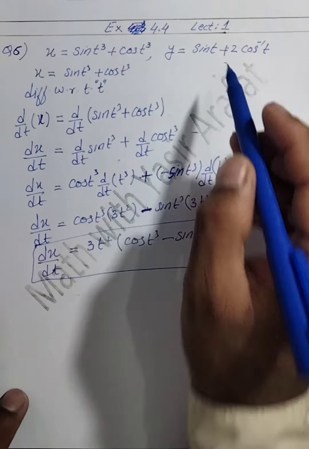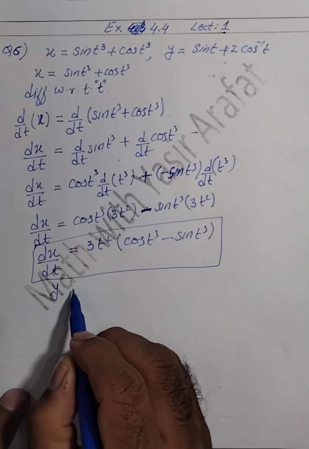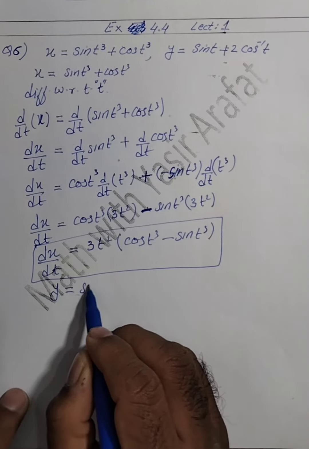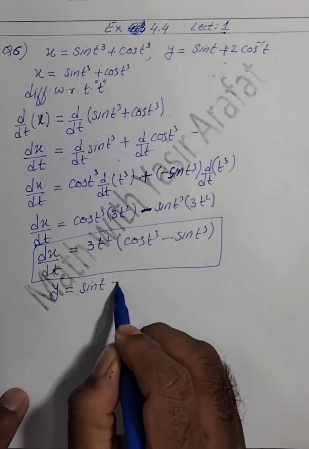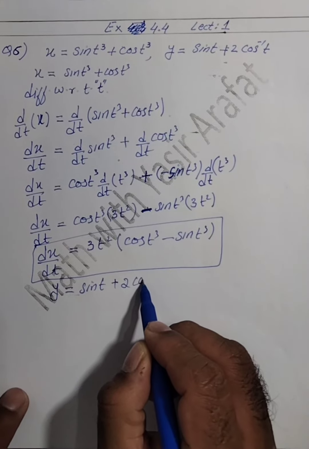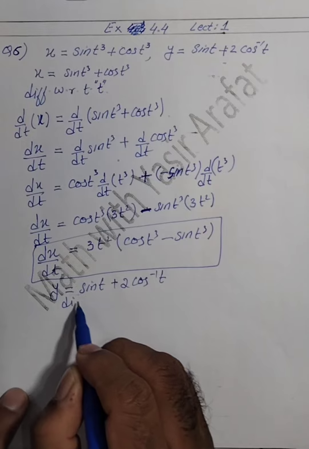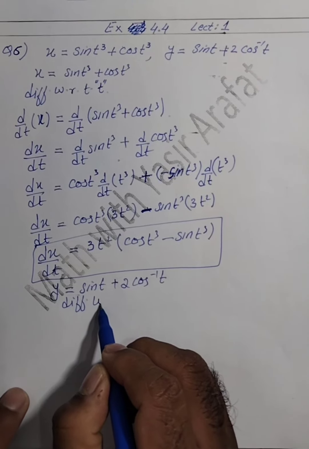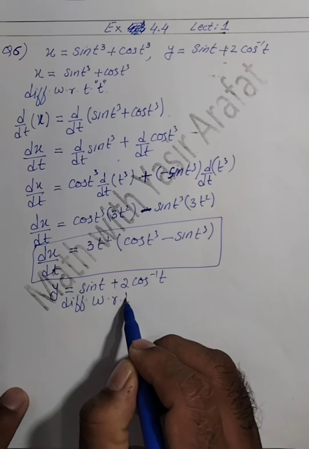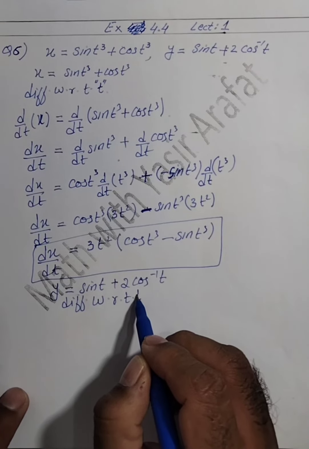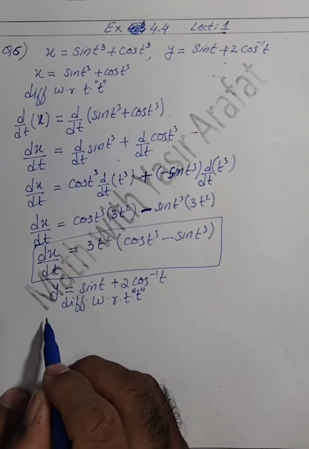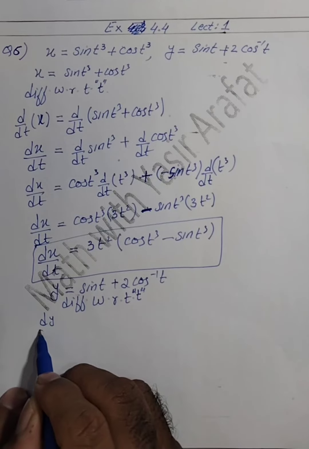Now we have to take the second equation, that is y equals sine t plus 2 cos inverse t. So we just have to take the differentiation with respect to t. So this is dy over dt.